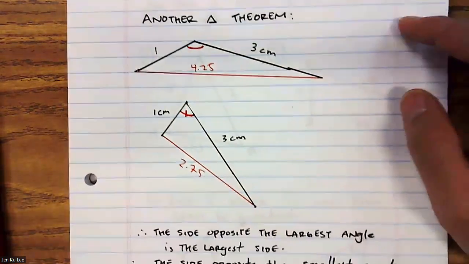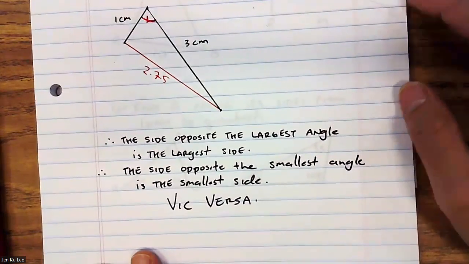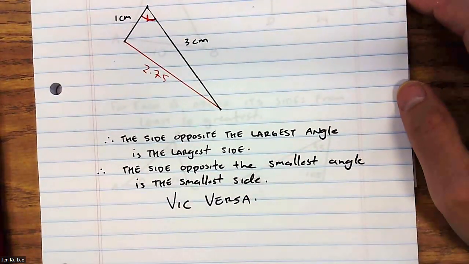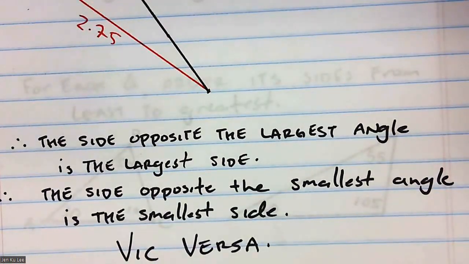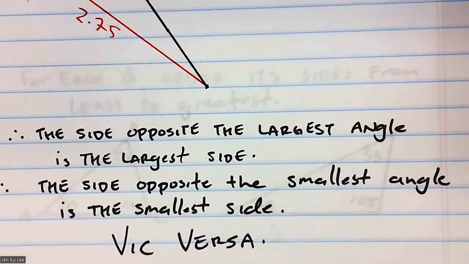No? And I wrote it in words here. So the side opposite the largest angle is the largest side. And the side opposite the smallest angle is the smallest side. And also vice versa.